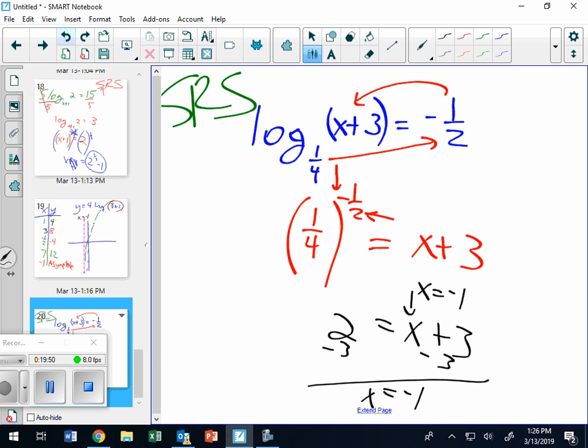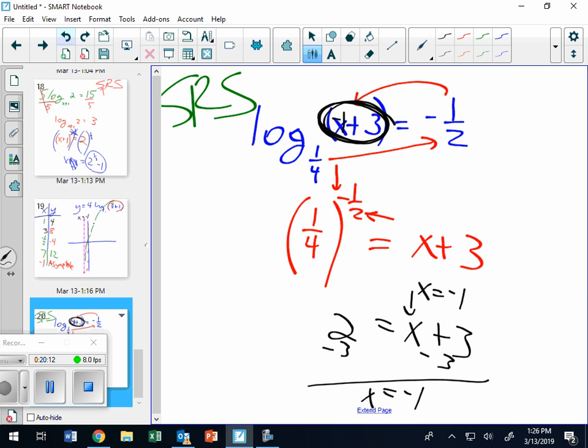Now, some people say, but wait, Mr. Server, you said that you could never have negative answers. Not really true. What I said is you can't have a negative base or a negative argument. And when you put negative 1 in here, does the whole argument become negative? No. Negative 1 can go in there safely. And some of you maybe didn't even think to check.